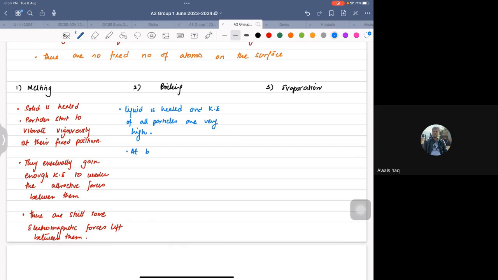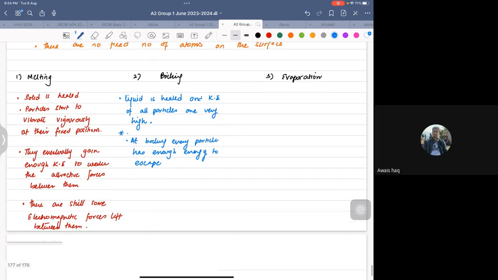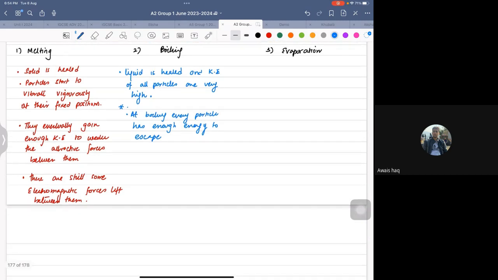So at boiling, every particle has enough energy to escape. This is very, very important. Only this constitutes boiling. It happens at a fixed temperature and throughout the liquid.